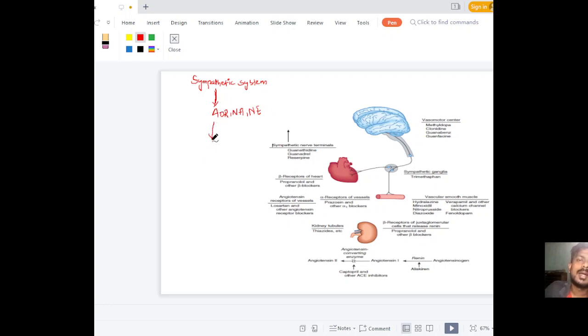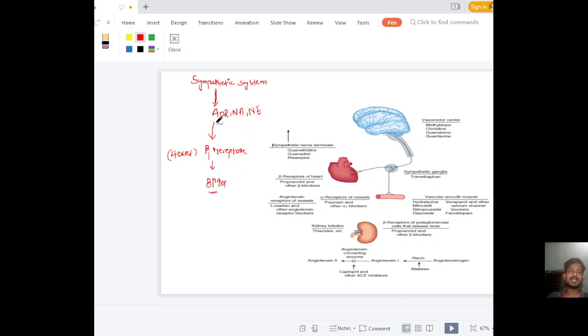If we talk about adrenaline, it binds to the beta 1 receptor in the heart, and it causes an increase in heart rate and cardiac output, that ultimately increases your blood pressure.